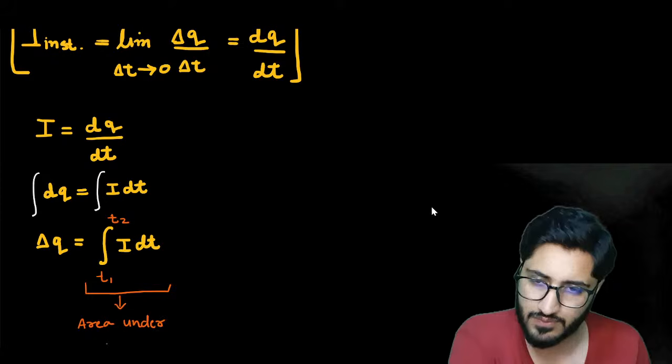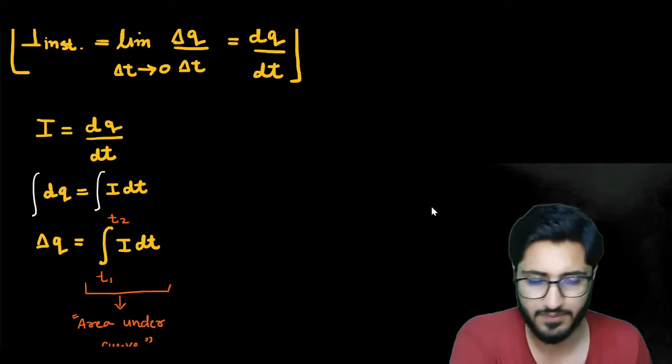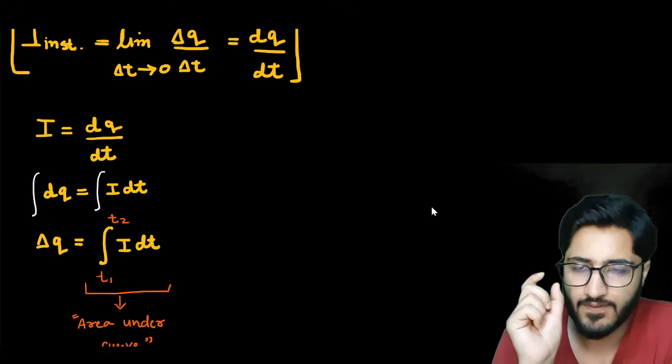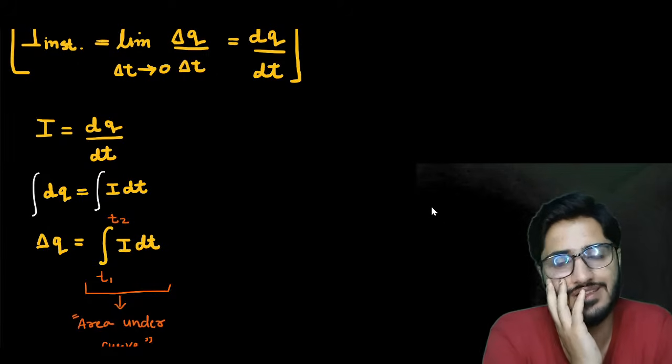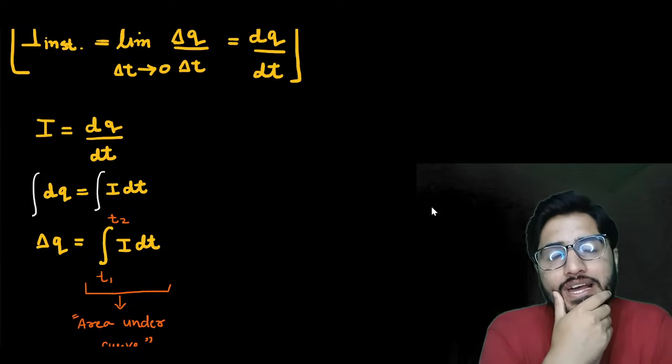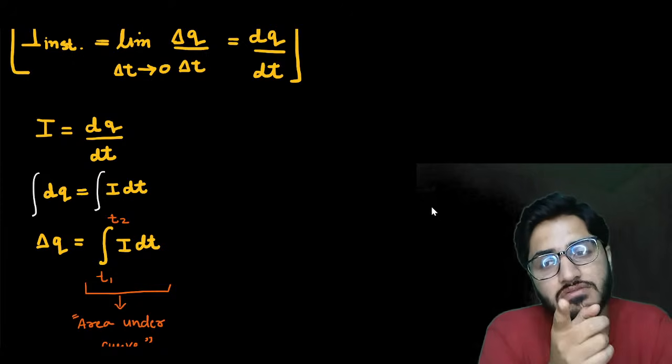Area under curve. This one is for NEET and JEE. That means if a current-time graph is given, the area under the current-time graph will give you the charge.